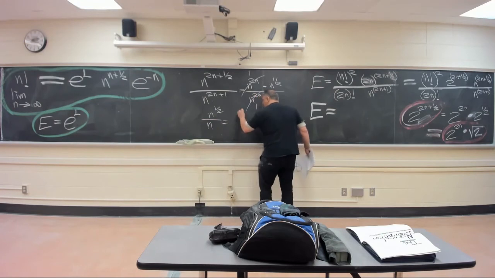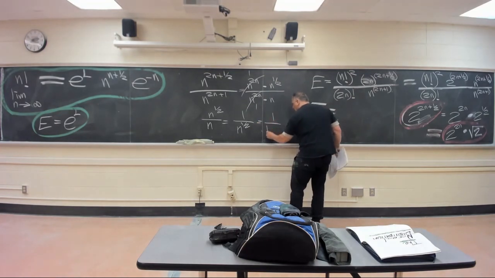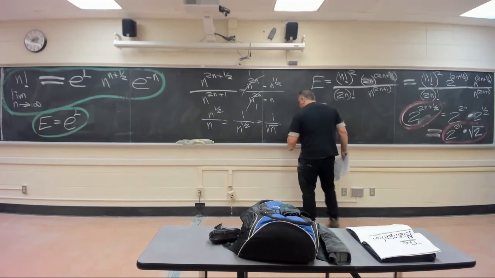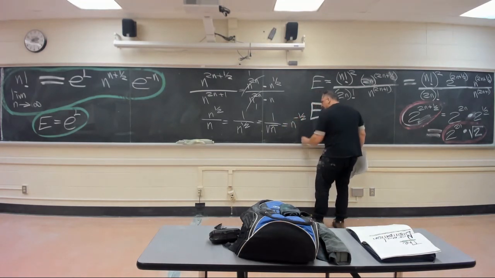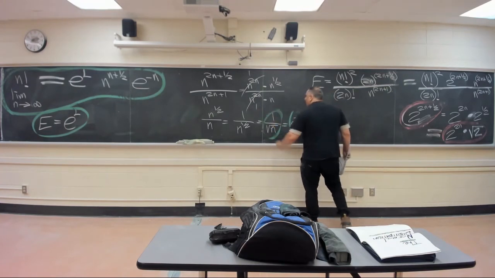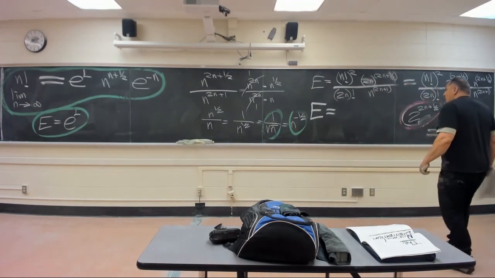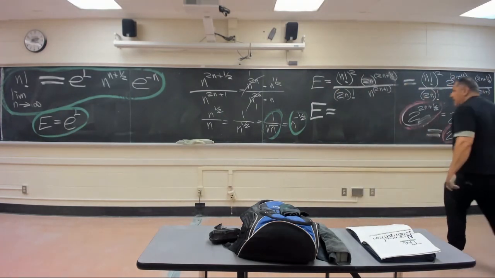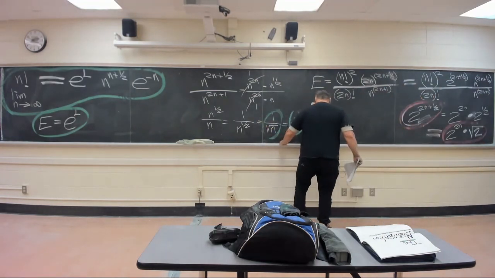You know where this is going, guys. Depending on what they're going to use for that, it's underneath like that. Whatever, it's 1 over n to the half.